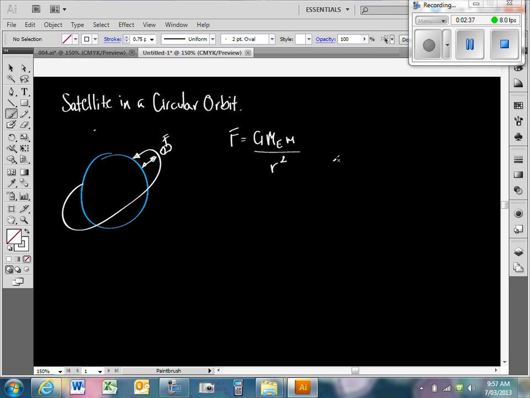The satellite or the orbiting body has a force associated with it. We call that the centripetal force because it's in uniform circular motion. Is equal to what? Can anybody remember? ma, of course, which is equal to mv squared over r.